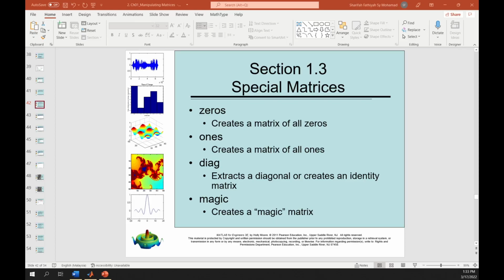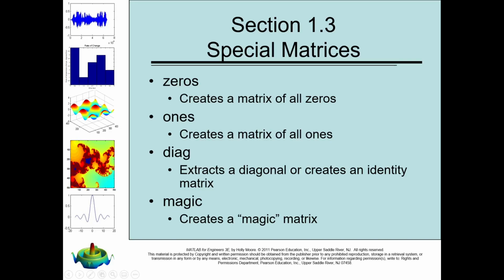Seterusnya kita akan tengok special matrix in MATLAB. So MATLAB ni dia mengandungi beberapa function yang akan generate special matrix. Ini adalah dia punya built-in function: zeros, ones, diag ni diagonal, and magic. Zeros ni function dia adalah untuk create a matrix of all zeros.